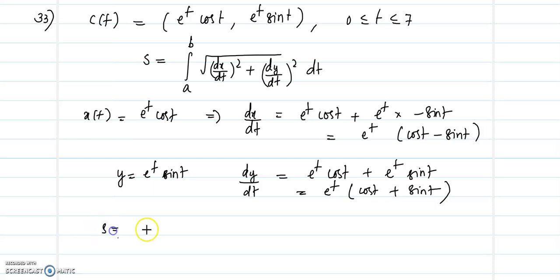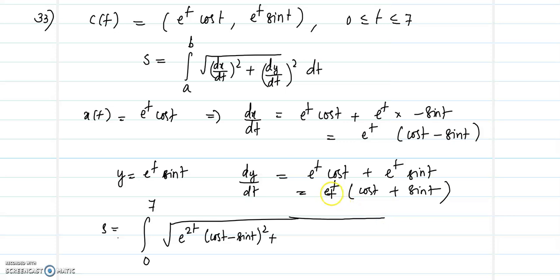So substituting this into S, we need the limits from 0 to 7. So S will be integral 0 to 7 of root of (dx/dt) squared, which is e^(2t) (cos t minus sin t) squared, plus e^(2t) (cos t plus sin t) squared.